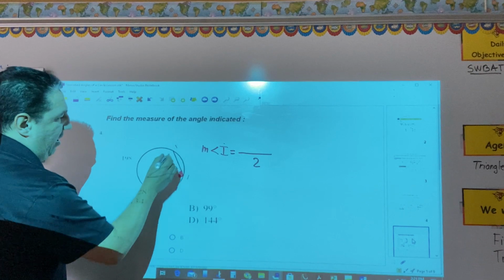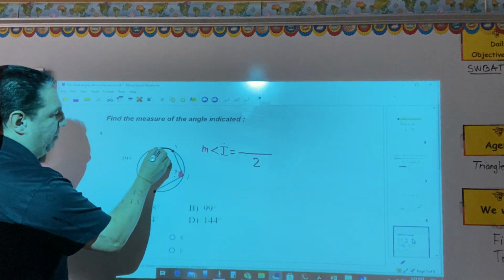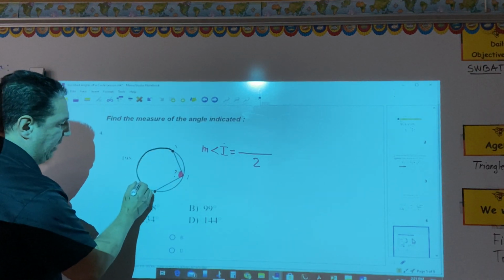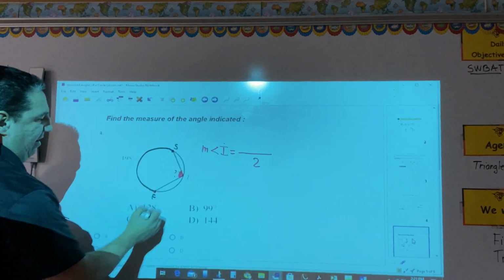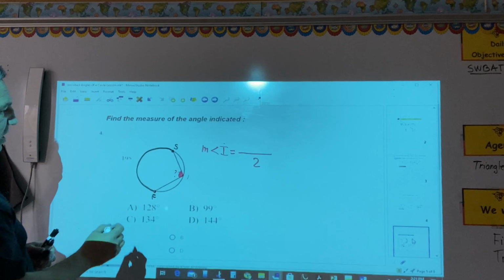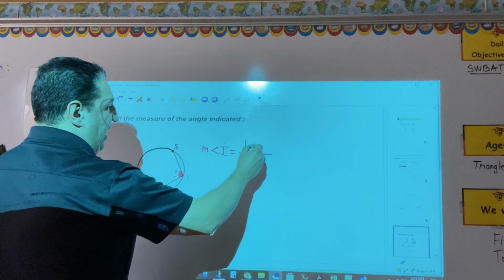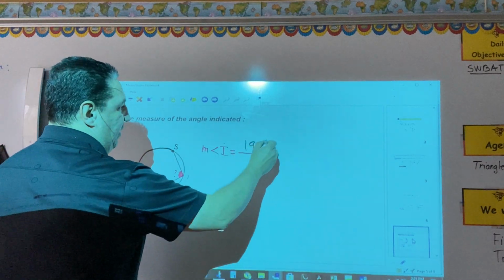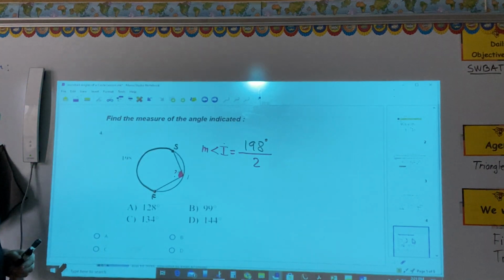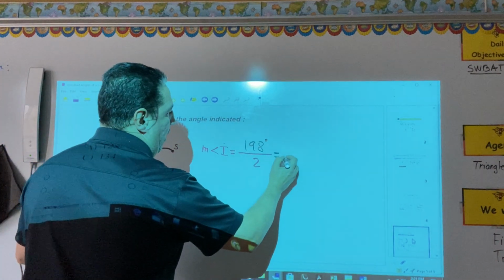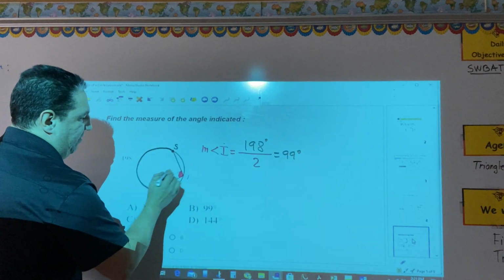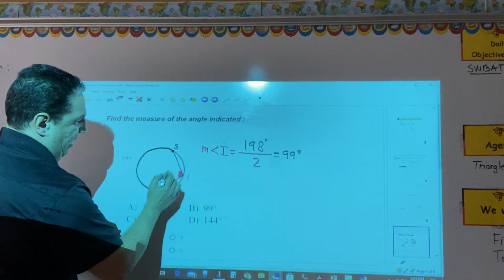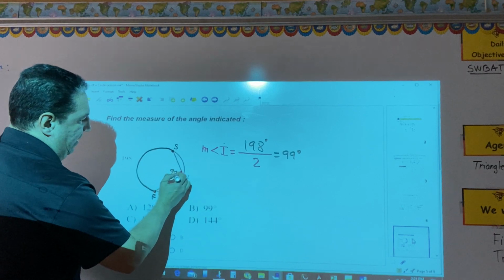Its intercepted arc is the arc bounded by points, let's say S and F. So it would be 198 degrees divided by 2, so it would be 99 degrees. So the measure of the inscribed angle SIF would be 99 degrees.